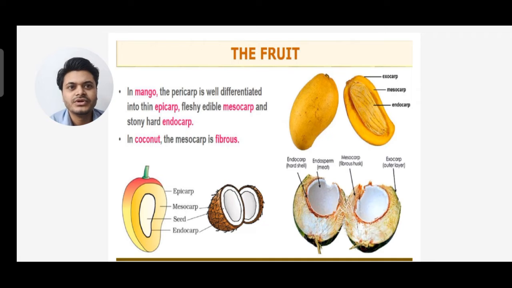That means the endocarp is very hard and the mesocarp is a fleshy one. In coconut, the mesocarp is fibrous. You can see the picture below. The structure of the fruit is given where epicarp, mesocarp, endocarp, seed, everything is given.